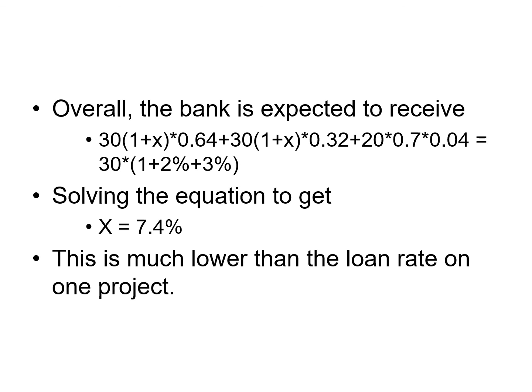And finally, there's 20 times 70% salvage ratio times 4% probability, which is equal to the required amount. This is 30 times 1 plus 2% plus 3%. Solving the equation, we get X equal to 7.4%. The loan rate is 7.4%. This is much lower than the loan rate on one project, which was over 19%.